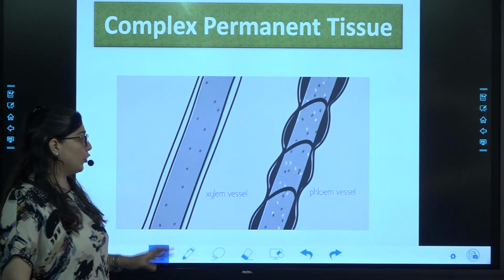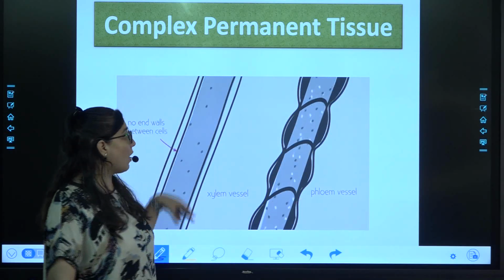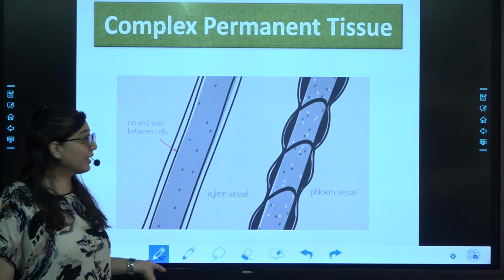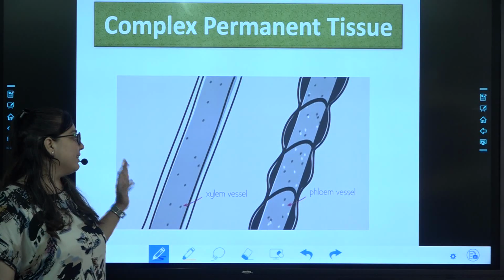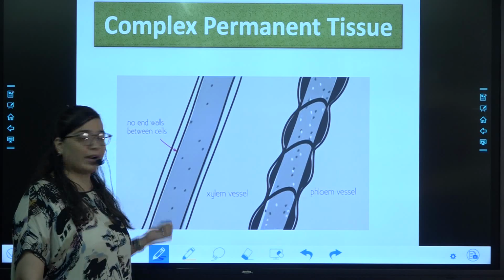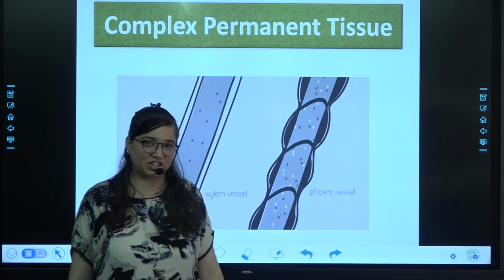The image is shown to you, xylem and phloem. Can you see how are these particles moving? You can see that over here there is the conduction in only one direction, while in phloem there is conduction in both the directions.